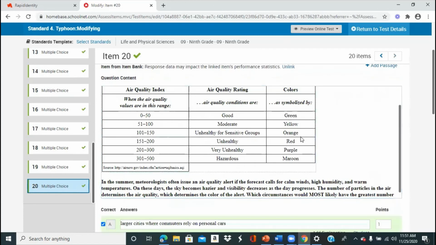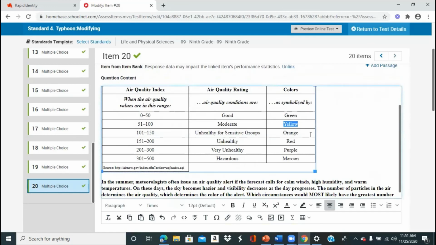When it's orange, it could be unhealthy to breathe the air in a location, because people who have asthma or lung problems may not like it. Red code means unhealthy air. Purple code means very unhealthy air. And maroon code is hazardous air, which will be detrimental to our health.